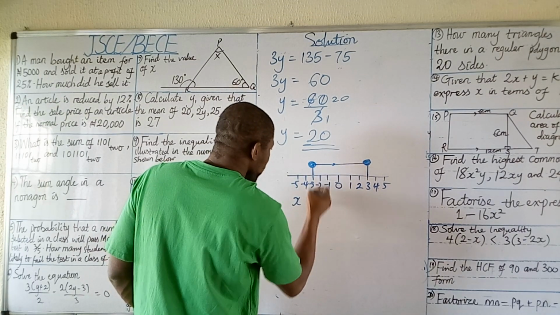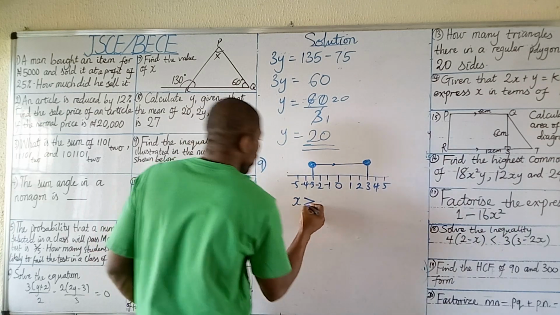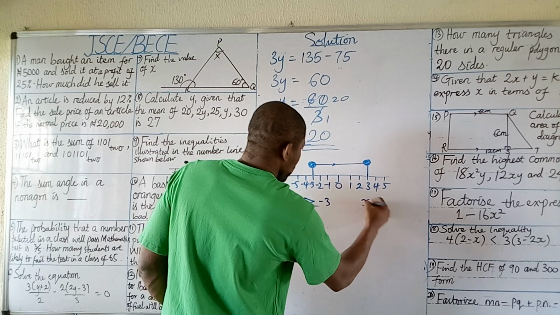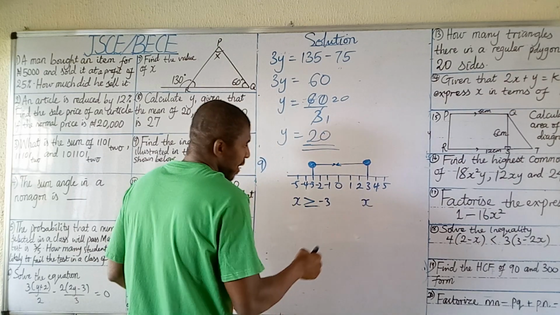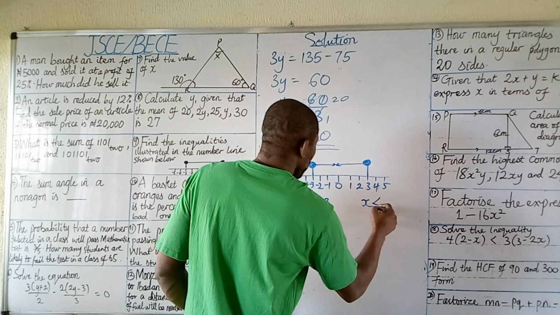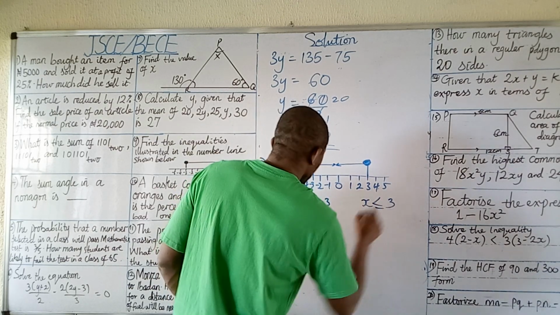If I am to interpret this, you can see that x is greater than or equal to minus 3, going this way, and here going this way, I have that x is less than or equal to 3.